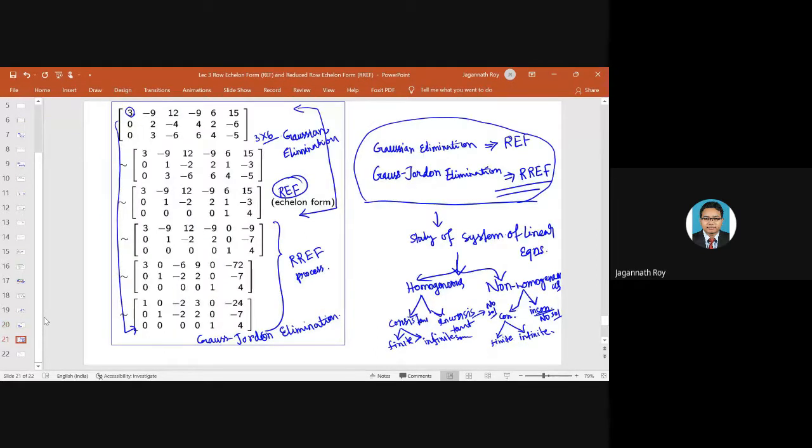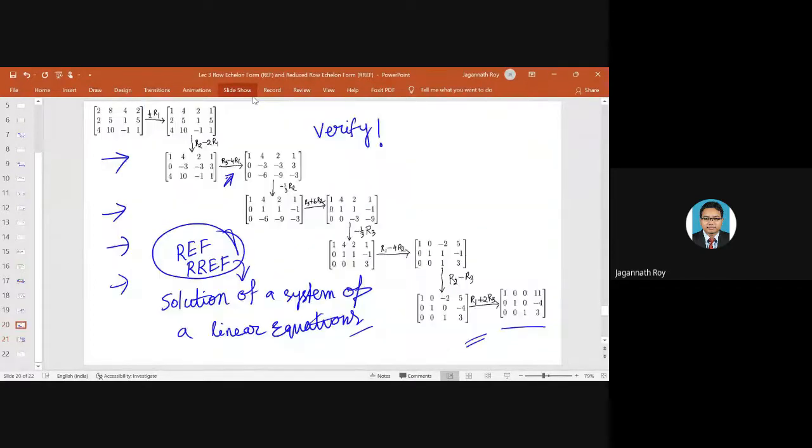This is just the procedure that you do, if you try to find out this RREF.